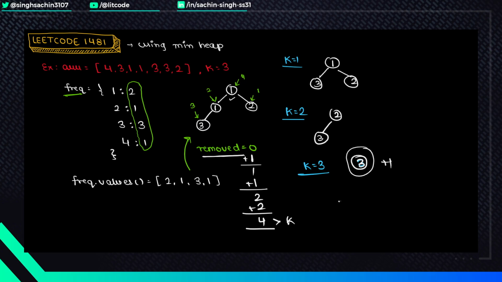Why? Because I cannot remove a number of elements greater than k from the array. Otherwise, for example, if k was 7, then we can remove all the points and our answer will be 0. So this is the overall approach which we're going to use.